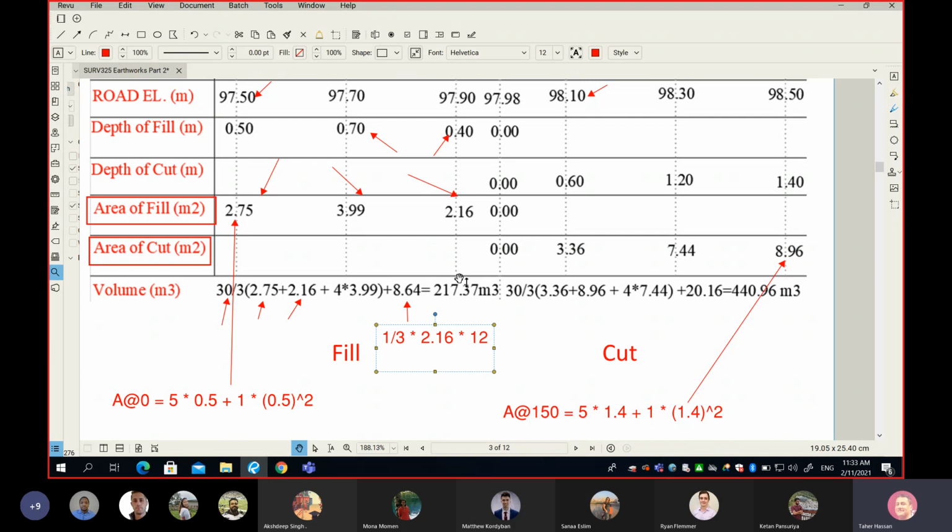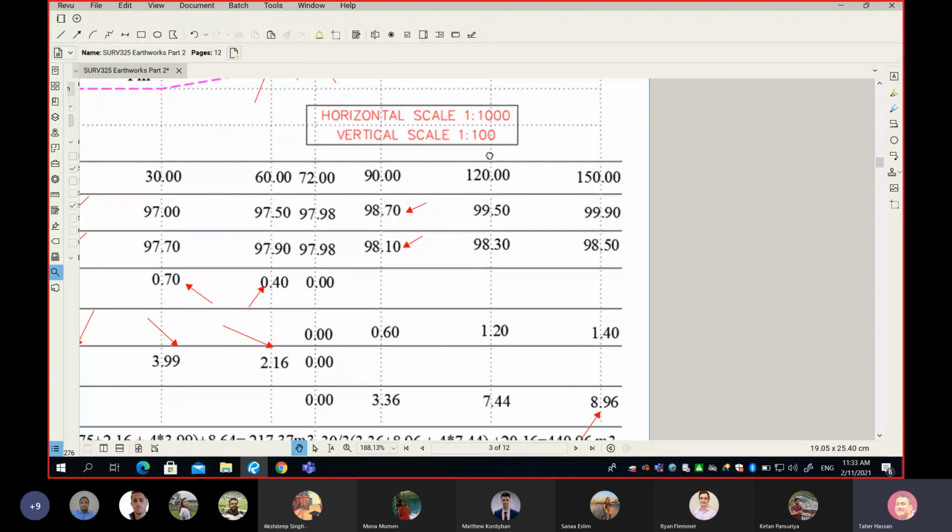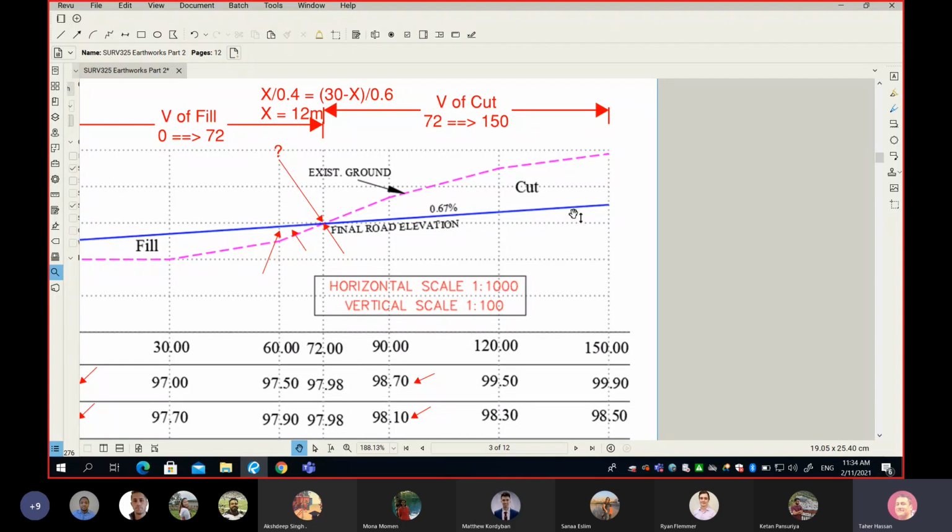Now, I'm asking you, do you think there is any difference when we find the volume from 72? I would say we will follow exactly the same idea, where you cannot find the volume from 72 to 150 in one shot. And the reason why is because of the interval.